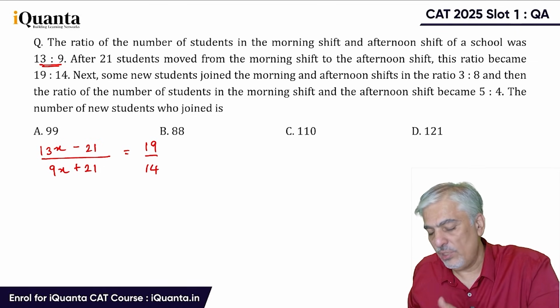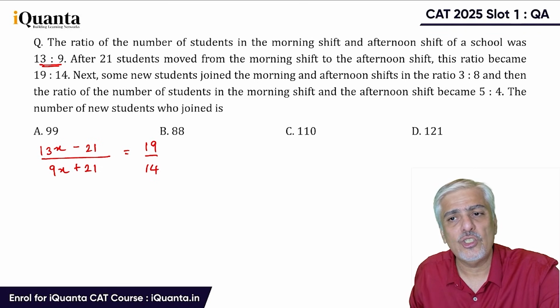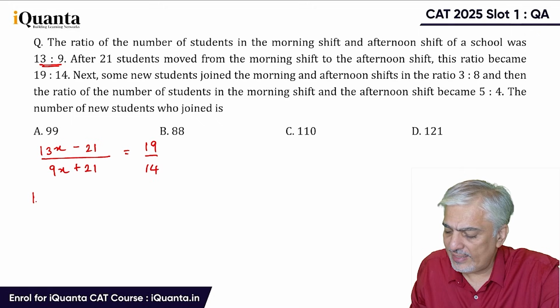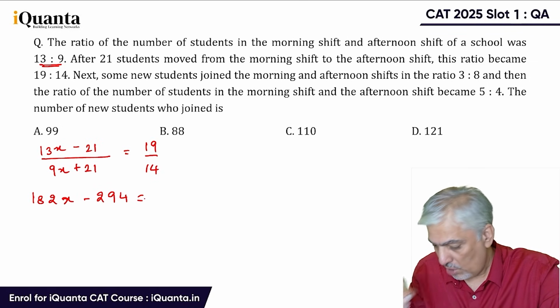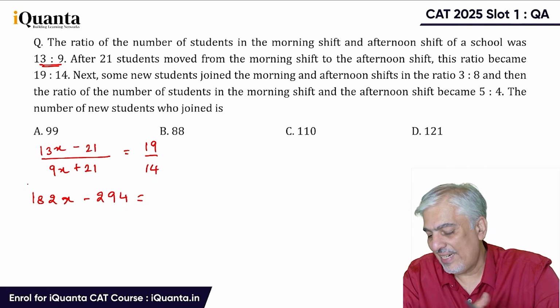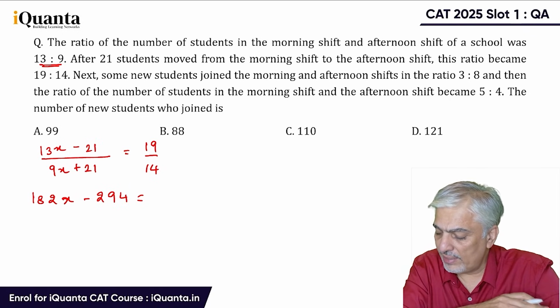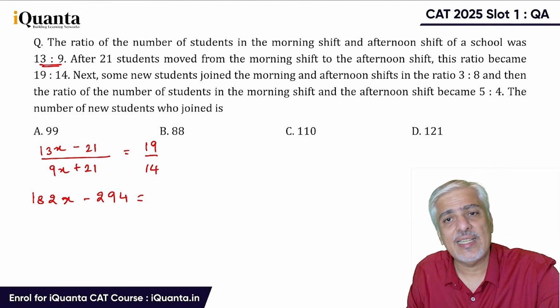The calculations are bad to reach x, but since you have a calculator, it should not be so bad. This will be 140 plus 42, 182, 280 plus 14, 294. So 182x minus 294 is equal to how much? 19 nines are, 19 nines is 19 20s is whatever. 19 10s is 190. 190 minus 19 is 171.